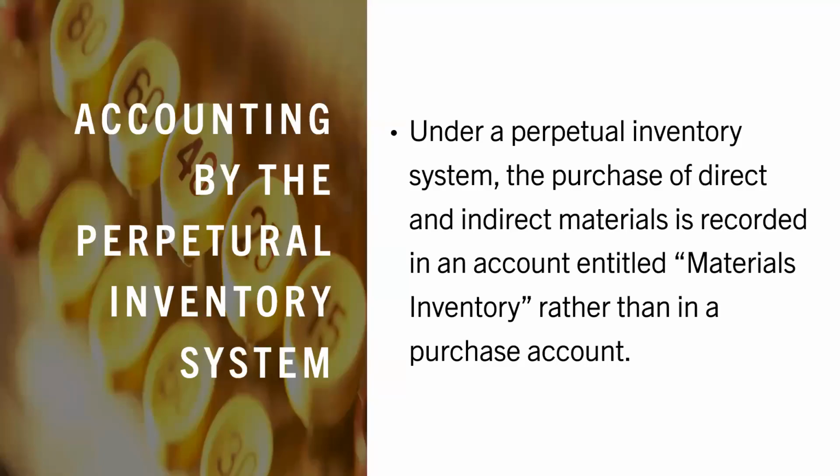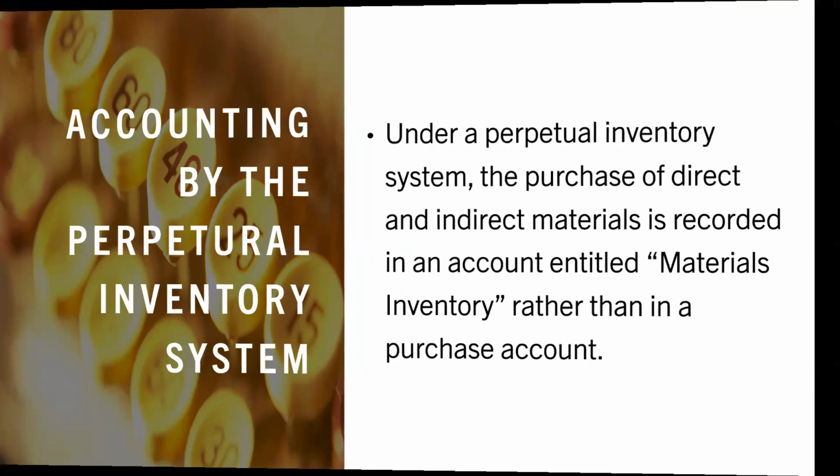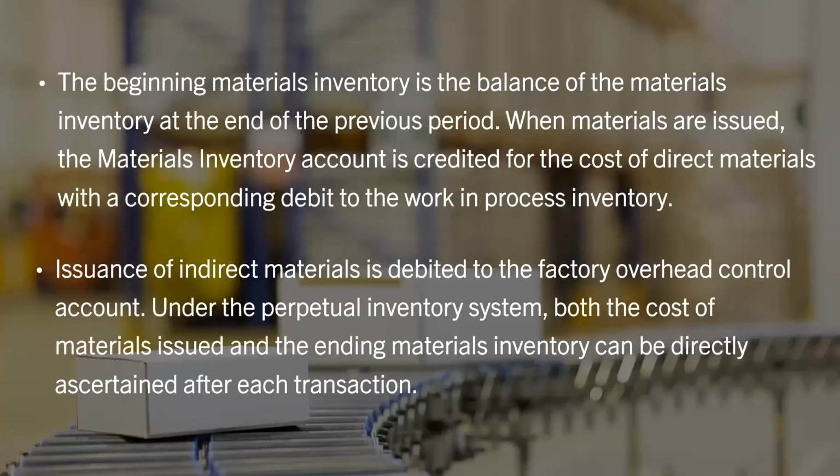On the other hand, if we're following the perpetual inventory system, if you purchase direct or indirect materials, it is directly recorded in the account title materials inventory. So, we do not keep a purchases account, but instead, any physical movement in our materials is recorded in the materials inventory account. The beginning materials inventory is the balance of the materials inventory at the end of the previous period.